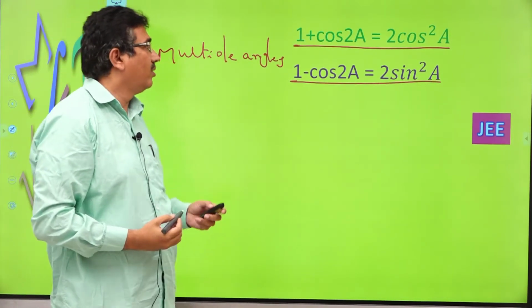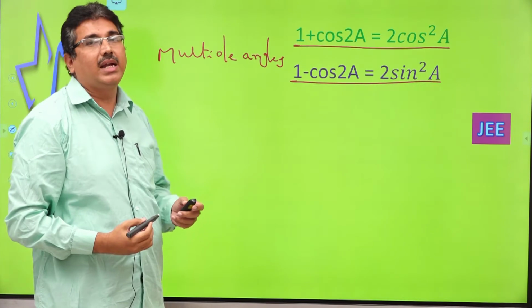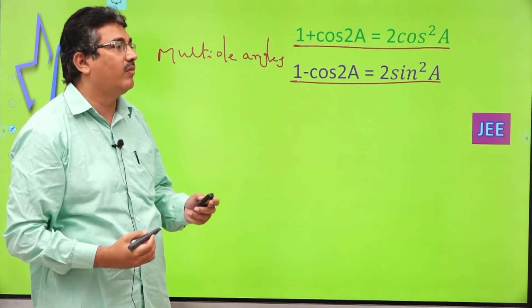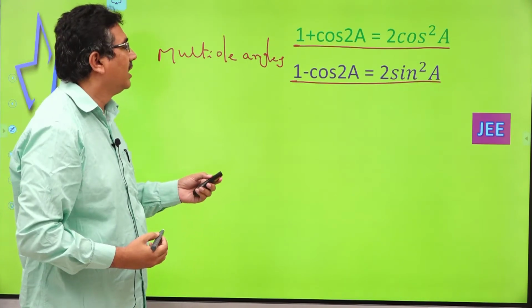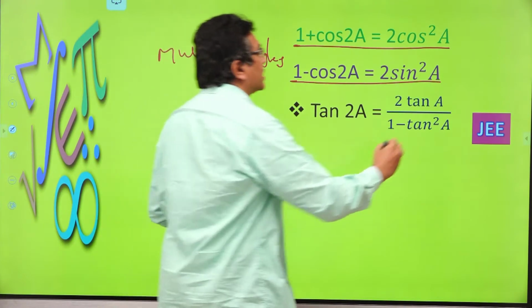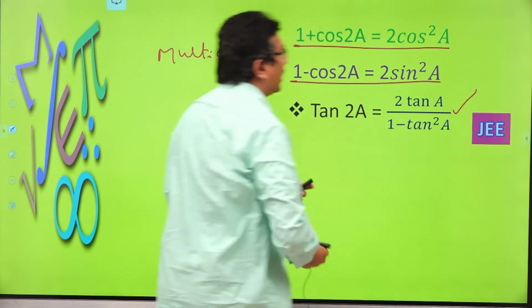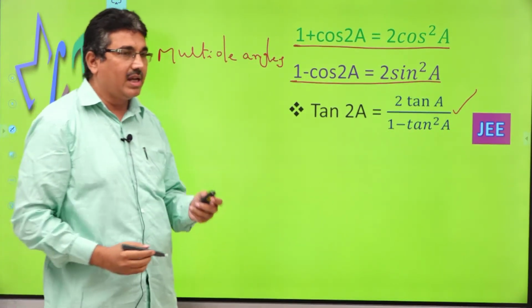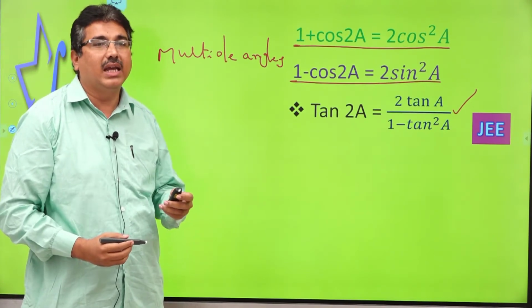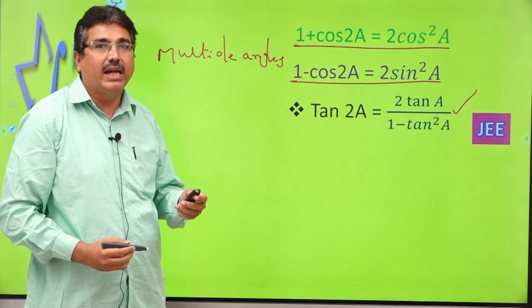Now we define the tan 2A formula in terms of tan. Tan 2A is equal to 2 tan A by 1 minus tan square A.